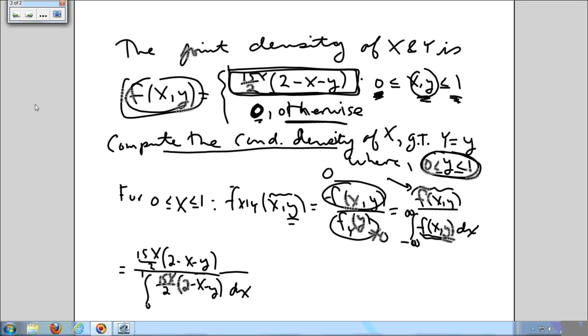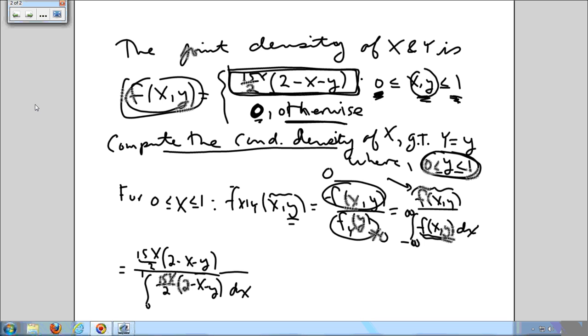So I'll integrate that with respect to x. And then I get 15x squared over 2 minus 15x cubed over 6 minus 15x squared y over 4. The bottom, and only the bottom, gets evaluated where x goes between 0 and 1.